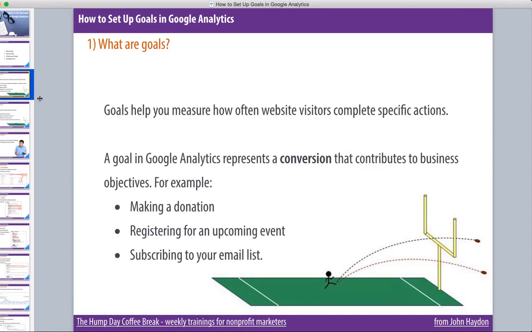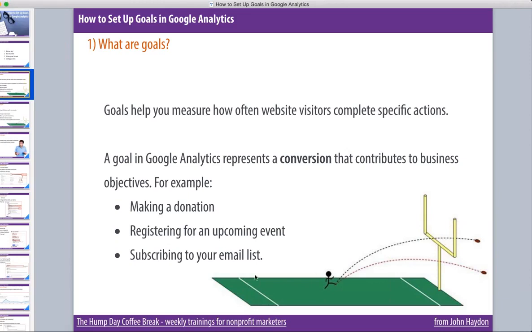The most common type of goal is a conversion, where someone makes a donation, joins your email list, signs a petition, registers for an upcoming event, and so forth. You get the idea. Without a goal set up, you're really not sure if you're hitting your goal or not.